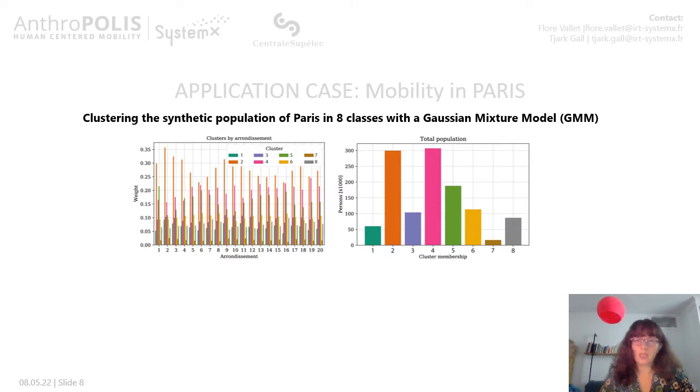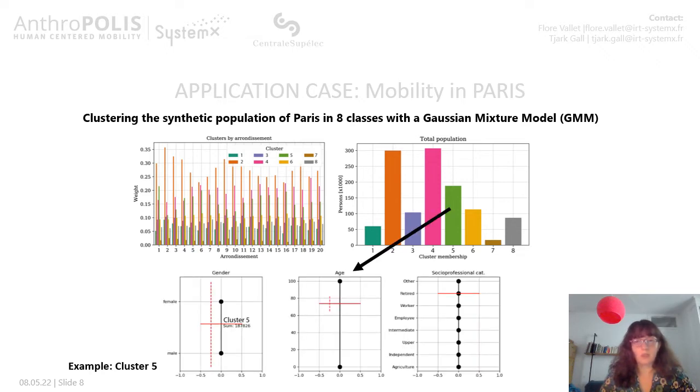So we've got a case study for studying the urban mobility in Paris based on a synthetic population generated by one of the co-authors for Paris. And 8 classes were generated thanks to a Gaussian mixture model. And the classes were attached to the 20 districts of Paris.